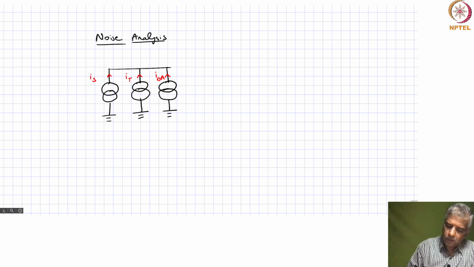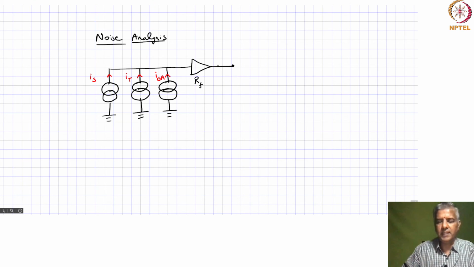So all of this is going into a transimpedance amplifier with a gain of R_F, and what you get at the output is a certain noise voltage, E_n. You can say this is the RMS noise voltage that you get at the output.